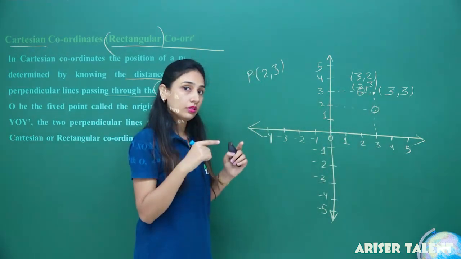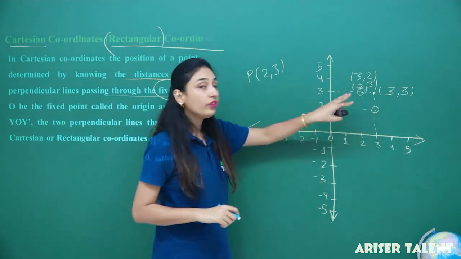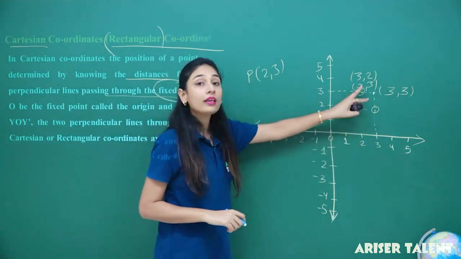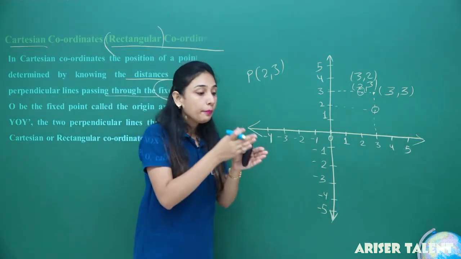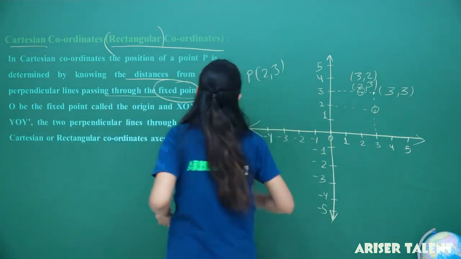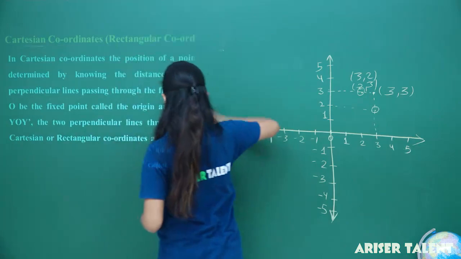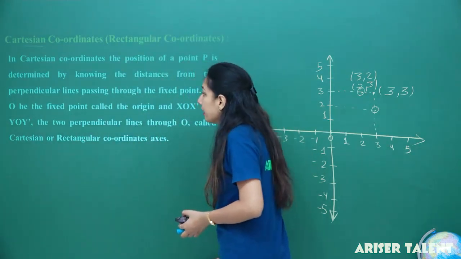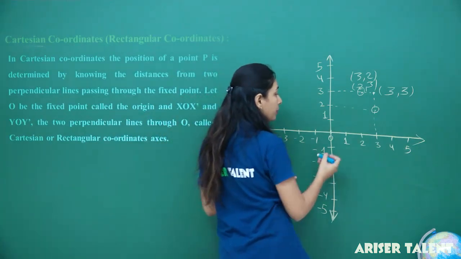If I don't fix where to write 2, where to write 3, and which axis is referenced, it is ambiguous. So we are going to make these things clear in our lecture. So we are going to name it.